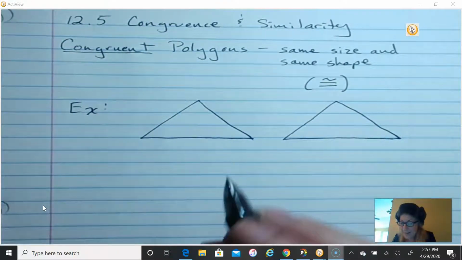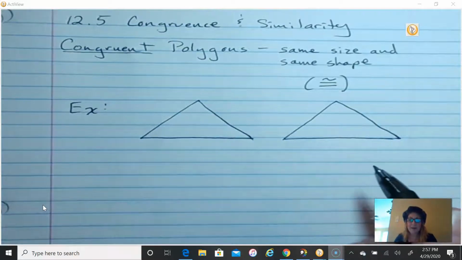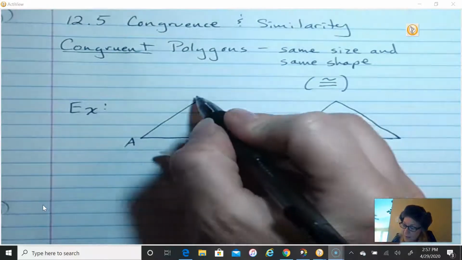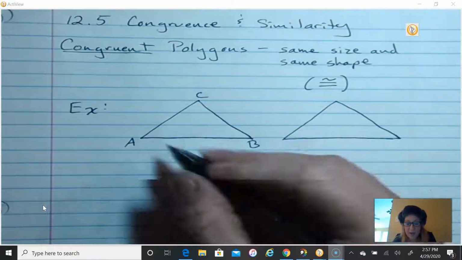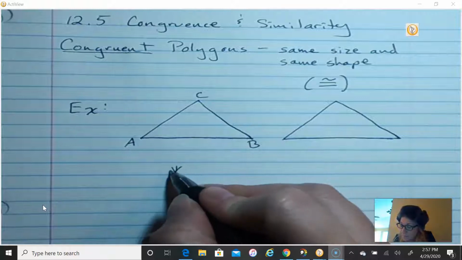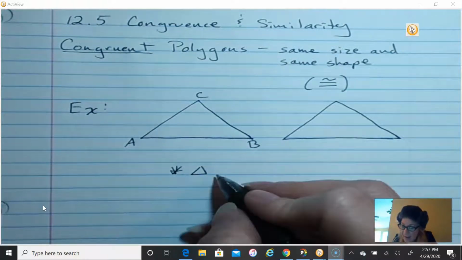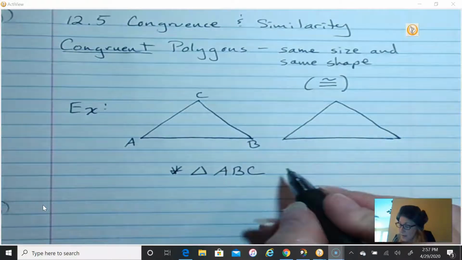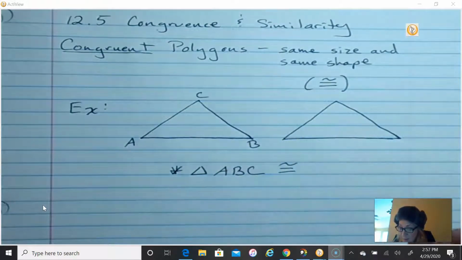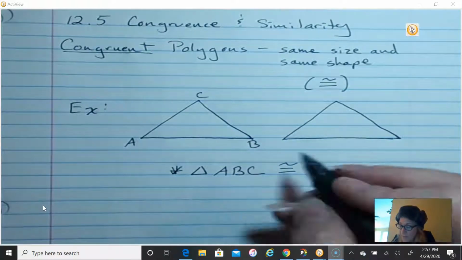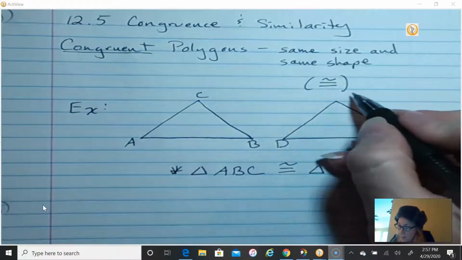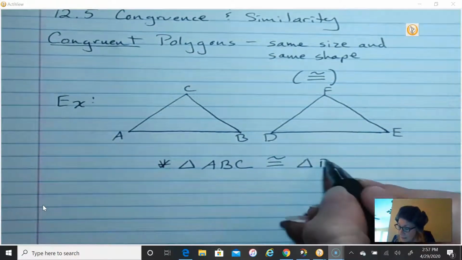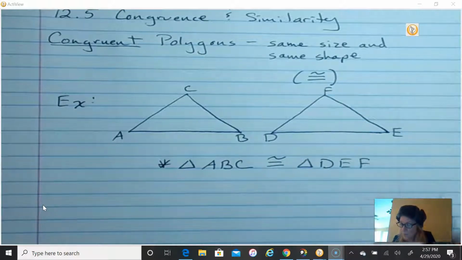Anyway, here we go. These are supposed to be the same. Almost looks like jack-o'-lantern eyes. Okay. So triangle ABC is congruent to triangle DEF.